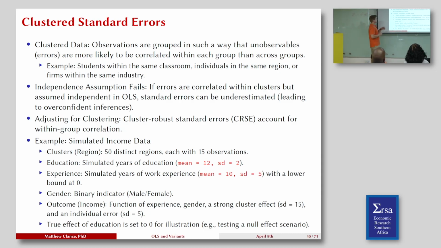Okay, so adjusting for clustering. What we call clustered robust standard errors account for within group correlations. So if we have this simulated income data set, if we have clusters of a region, say, and we have 50 districts, and each of those districts has 15 observations.